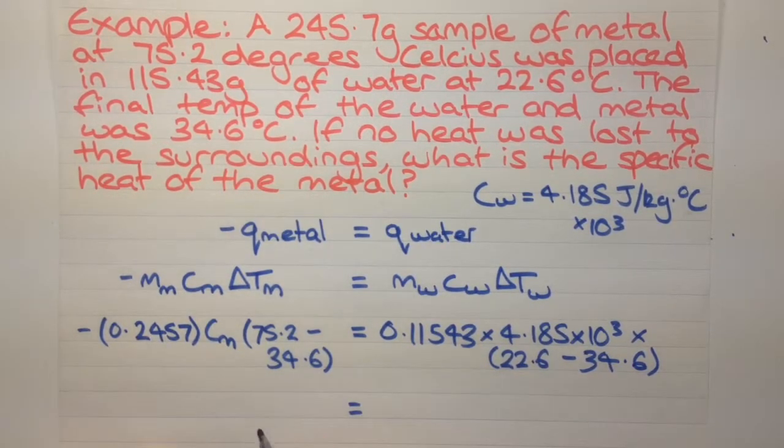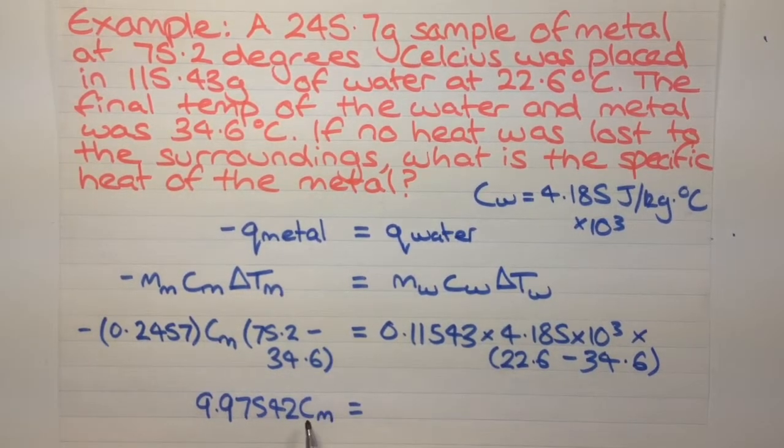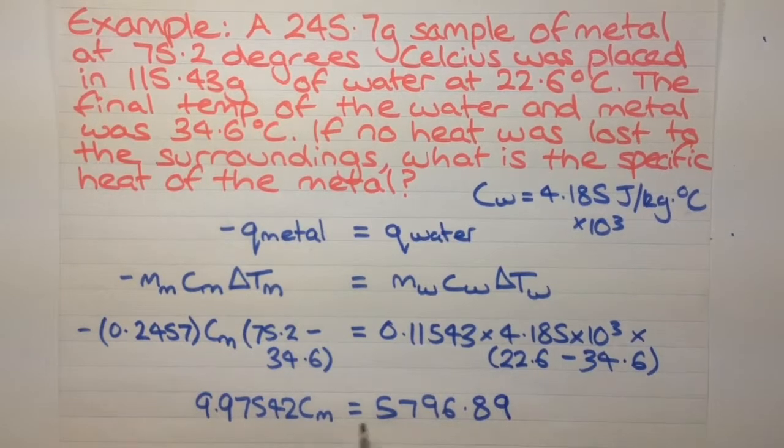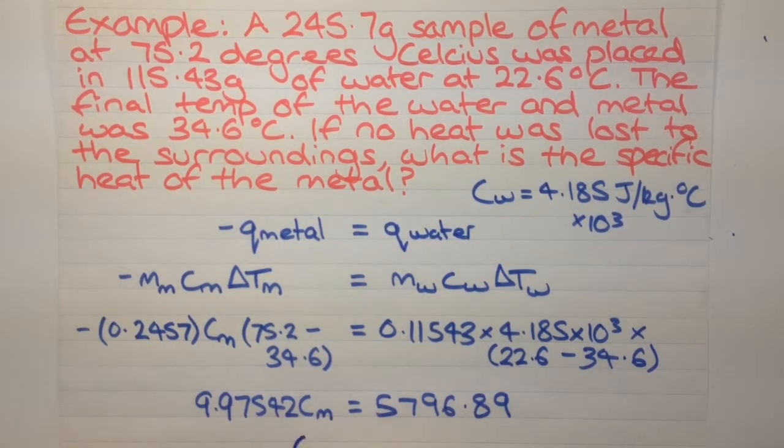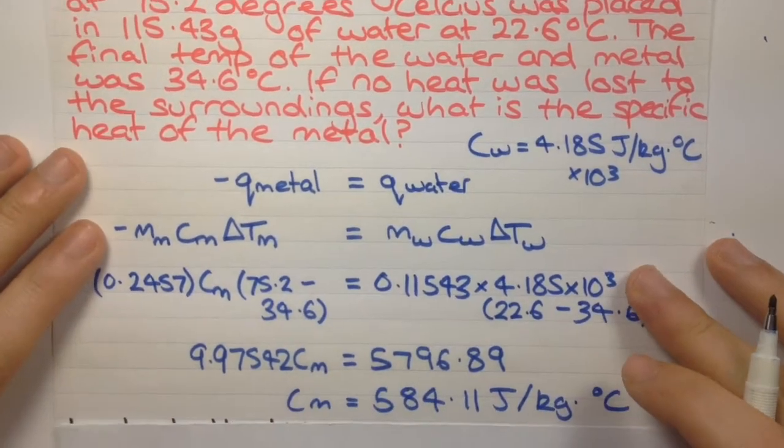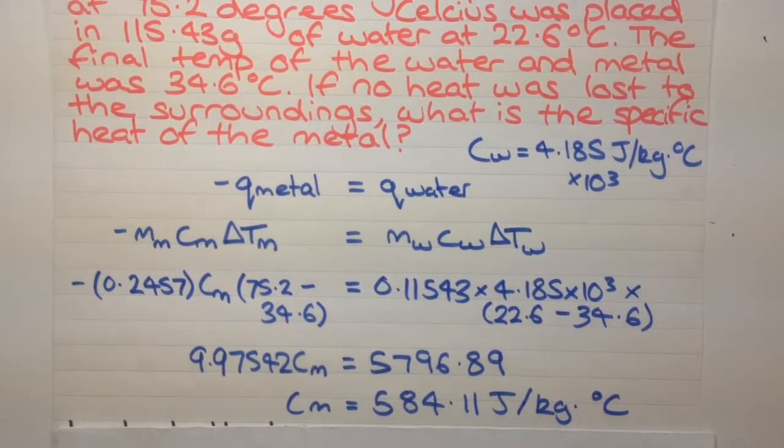Put that all in your calculator, you end up with 9.97542 cm, so times the specific heat of metal is equal to, put all that in your calculator, 5796.89, and we simply divide by that number and we end up with cm equals 584.11 joules per kilogram degrees C, and that's how we solve for the specific heat of the metal.